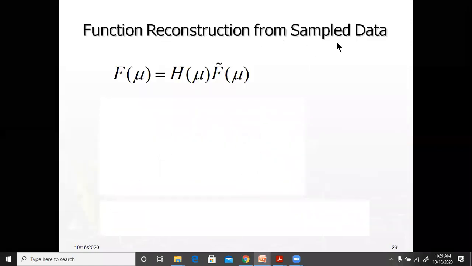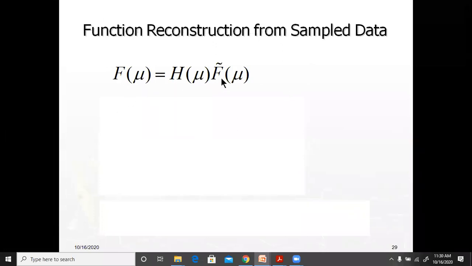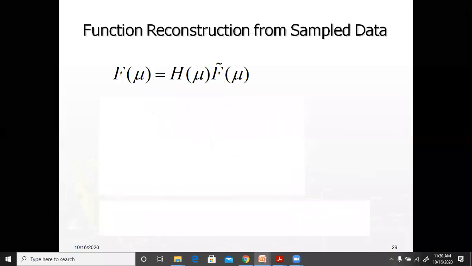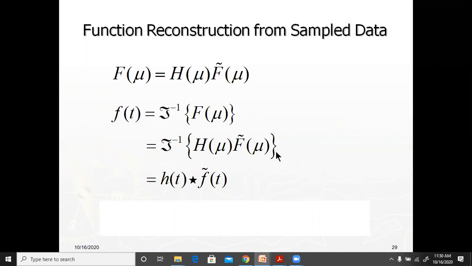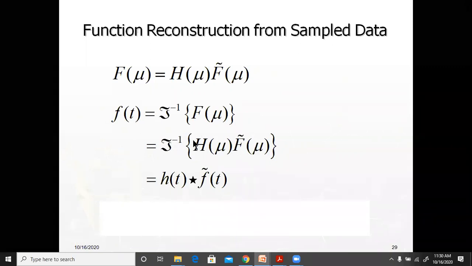Function reconstruction from sampled data: F(mu) is equal to H(mu) into F hat(mu), and f(t) will be the inverse Fourier transform of F(mu), which gives us H(mu) F hat(mu).